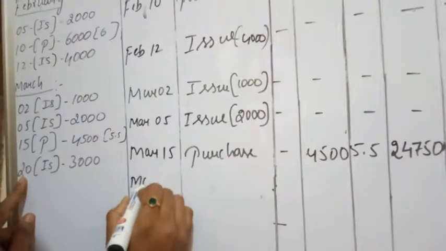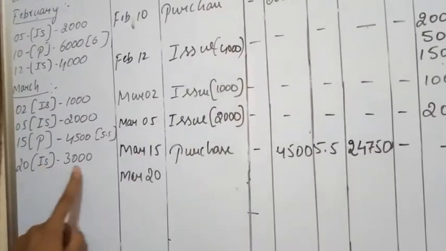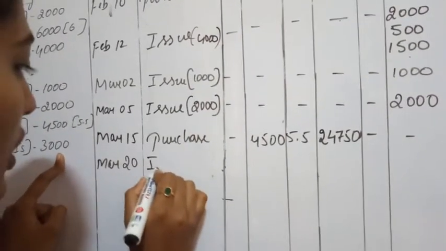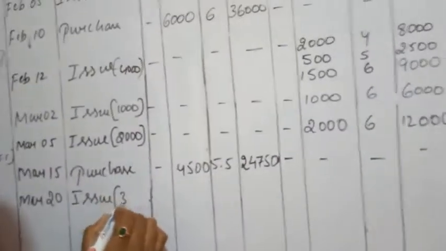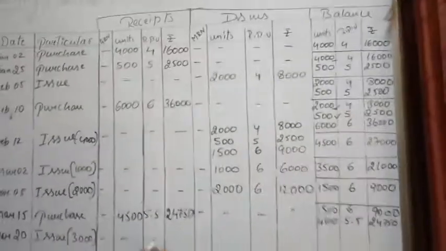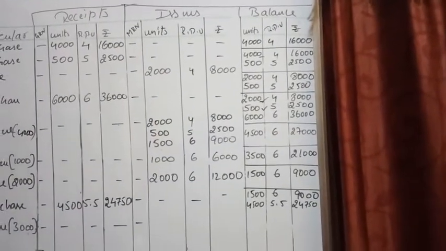Okay. Now there is a last transaction, March 20th. There is an issue of 3,000 units of material. So I will record it here, issue 3,000. Since it is not a receipt, I will show it nil, and in the issue column I have to show 3,000.